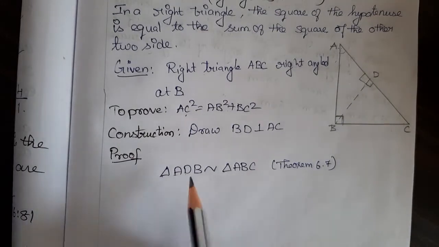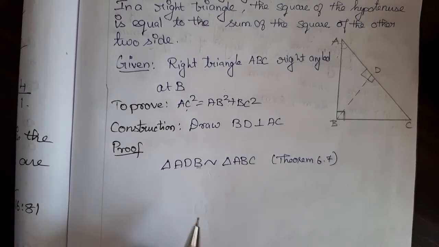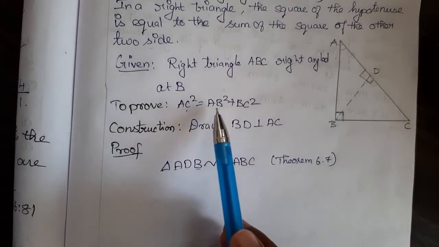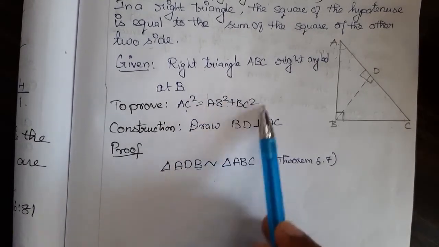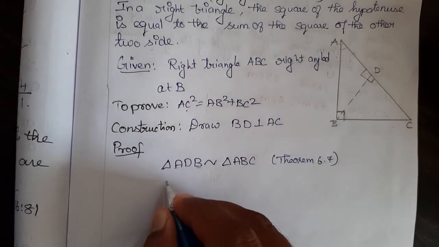While writing the corresponding sides, we have to be very careful. Why we are taking these sides is that we can prove AB square from this similar triangle and BC square from the next similar triangle, which we have done already. You remember it, I think. So the three ratios will be equal.